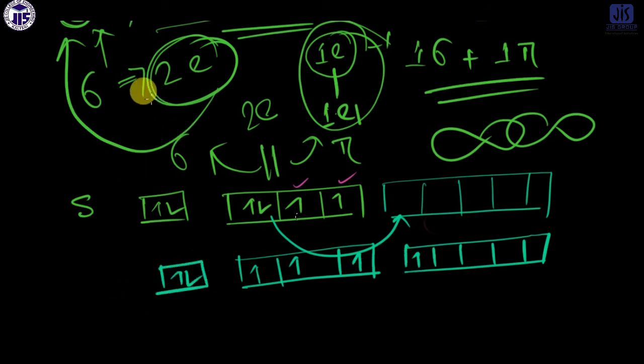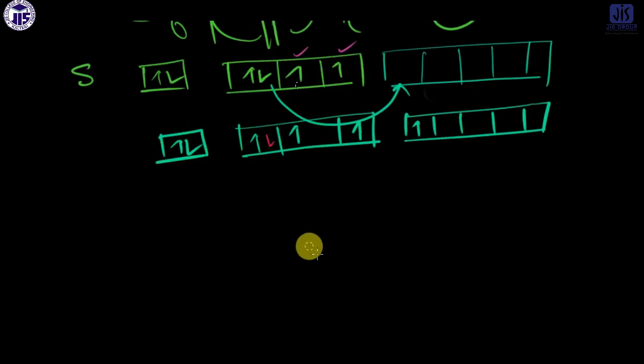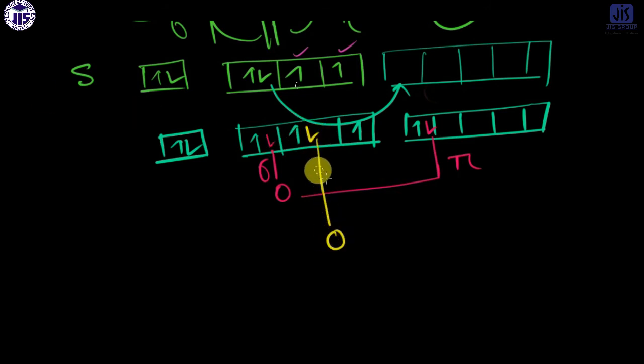Now there are two oxygen, and each oxygen will form one sigma and one pi bond. So one oxygen forms a sigma bond and a pi bond, and the other oxygen will also form a sigma and pi bond.